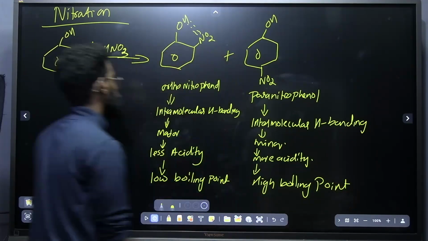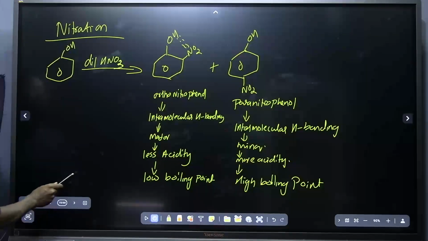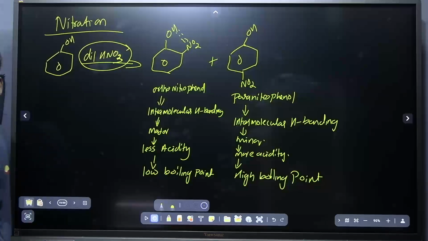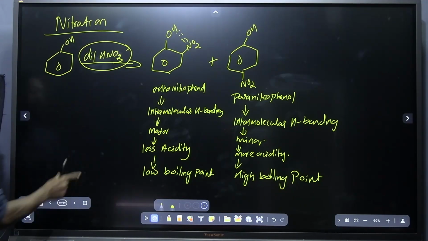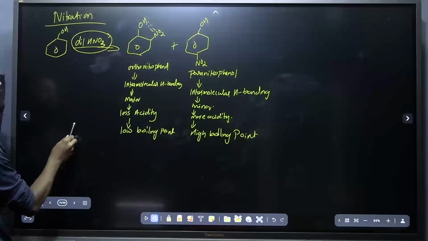These are the points I want all of you to take note of in the case of the nitration reaction, only whenever I am giving dilute HNO3. Now we can discuss what product we get if I am giving concentrated HNO3.